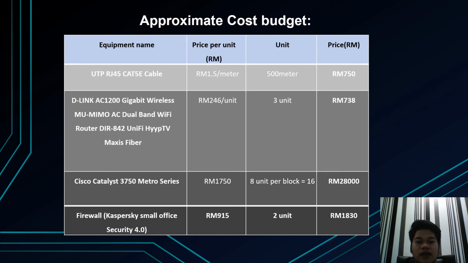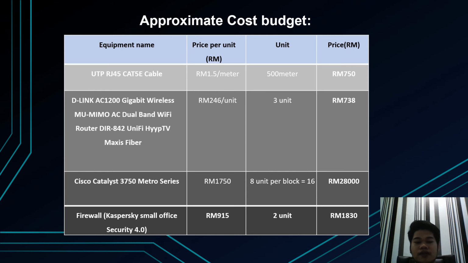Next is the D-Link AC1200 Gigabit wireless MU-MIMO AC dual band Wi-Fi router DIR-842. The price per unit is RM246. We need 3 units, so the total price is RM738.